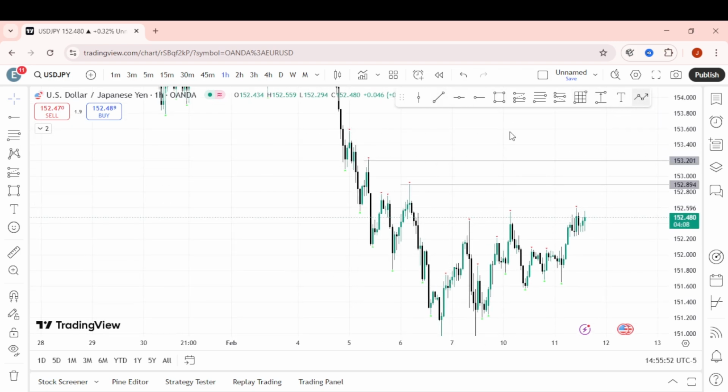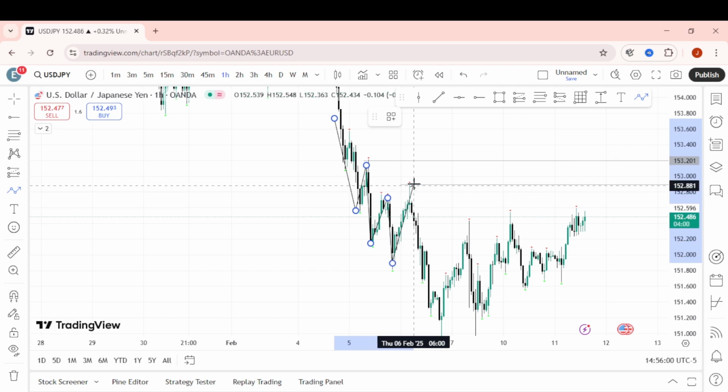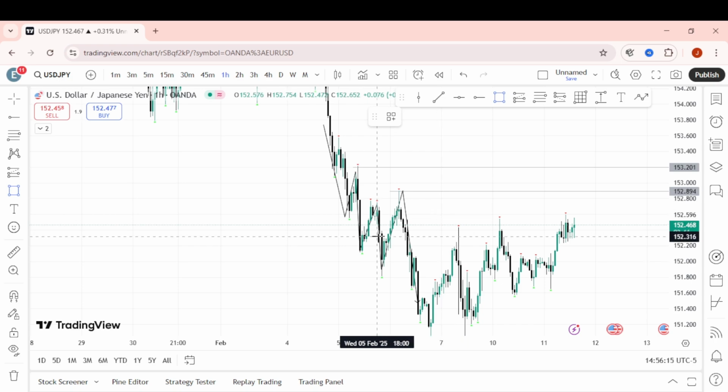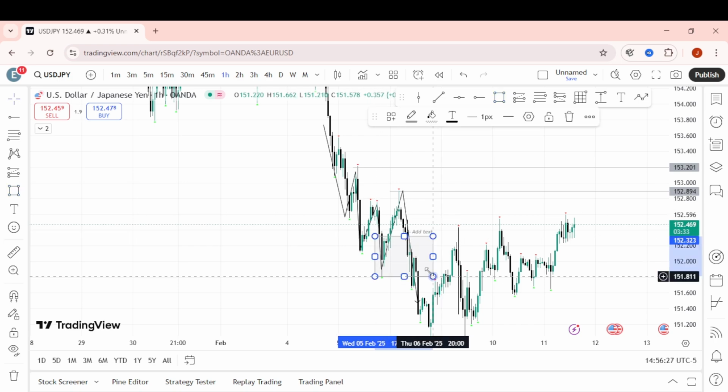So it was like this, right? So price came all the way down, went up, came down, went up, came down, and there was a break of market structure according to ICT. But at the end of the day, that order block was invalid. Price broke the order block.